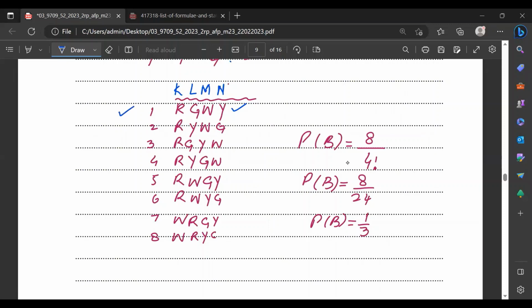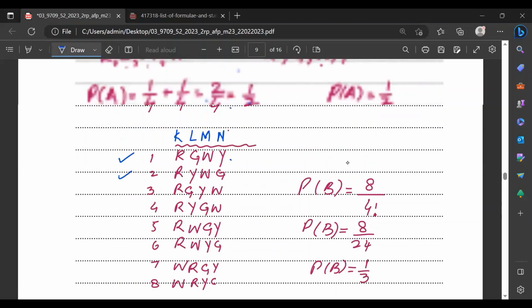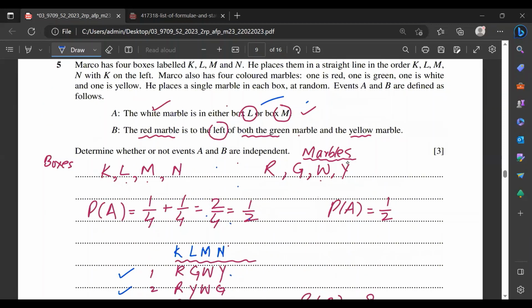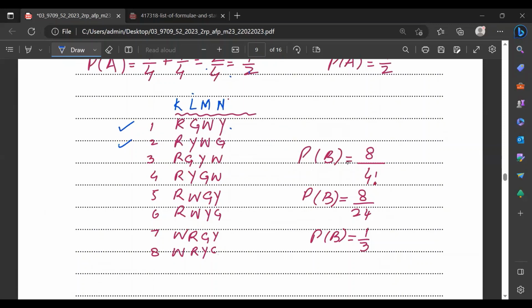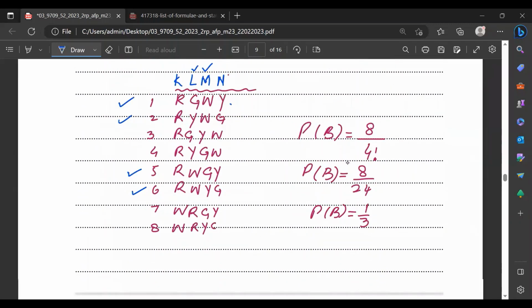So this case is there. This case is there. No. So white marble LM. Y should be here. This case, yes. So there are 4 cases which are common to both.